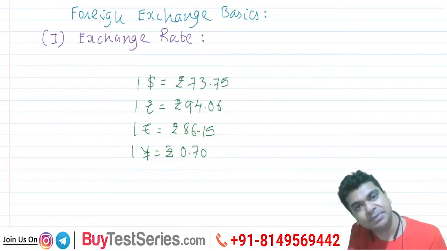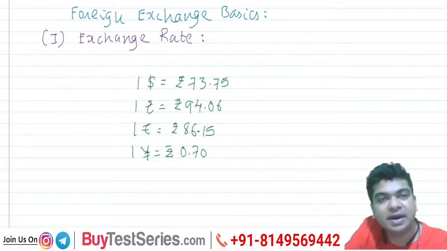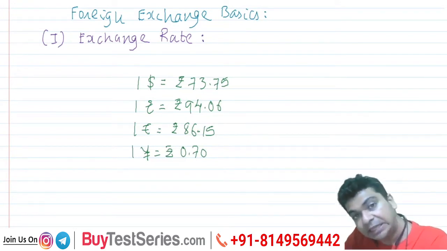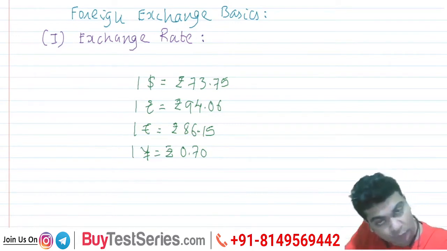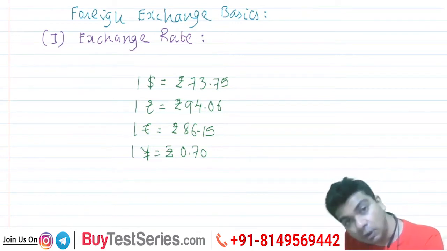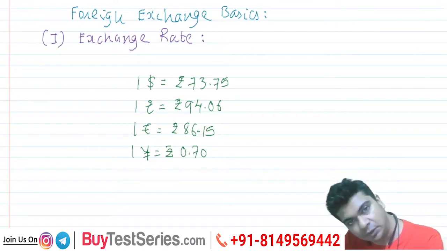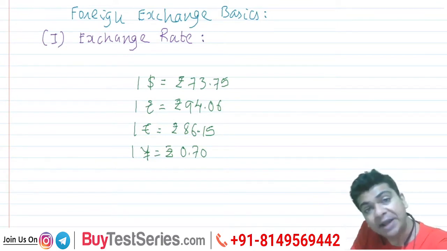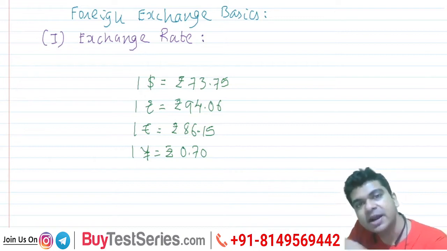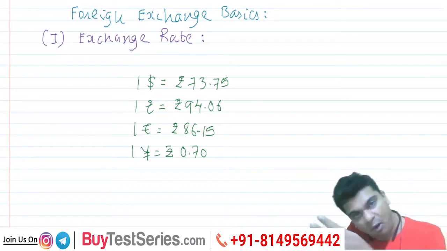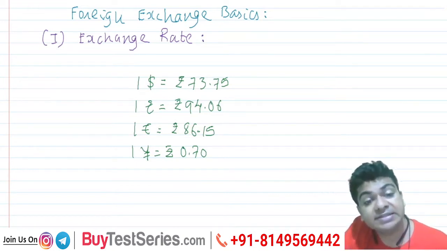All these examples that I have put on the screen are examples of exchange rate. As I said earlier also, these are the rates at which we will be in a position to buy or sell foreign currency. For example, if I want to buy dollar, then I can see it is around 73.75. Or if I want to sell the dollar, then we can say that on an average, it is 73.75.